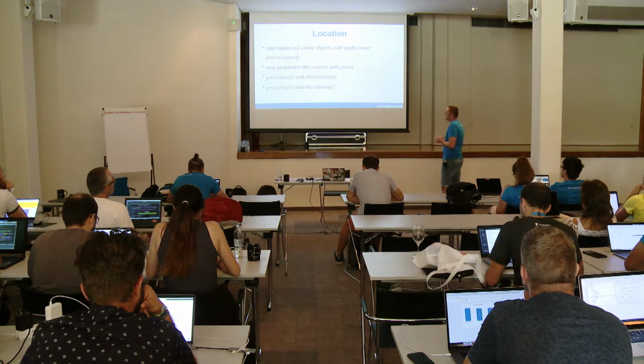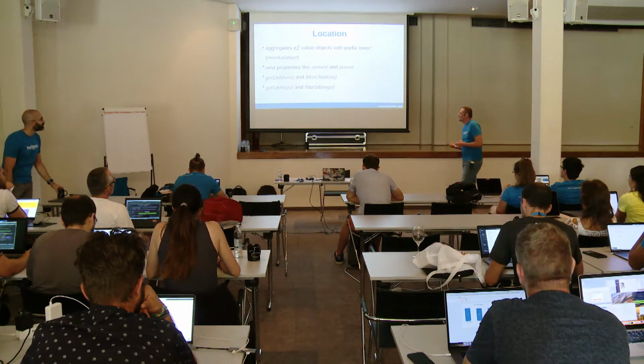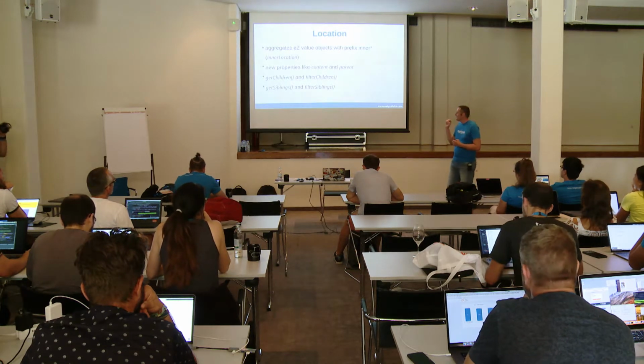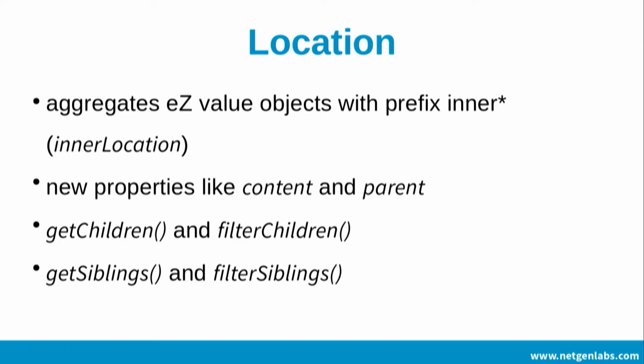And also, what I believe is probably the best thing, you can just enter location.parent and you have the value object of the parent location. So you can just walk the content tree just by .parent. Basically, you can do pretty amazing stuff with this.